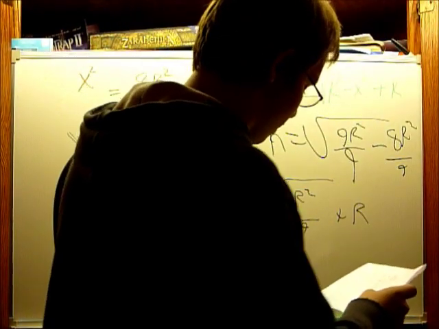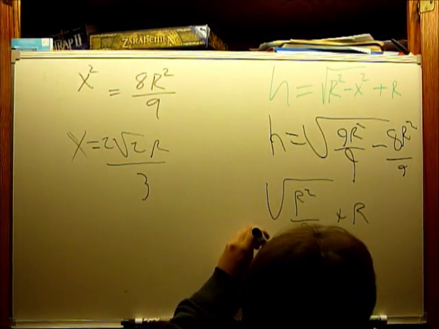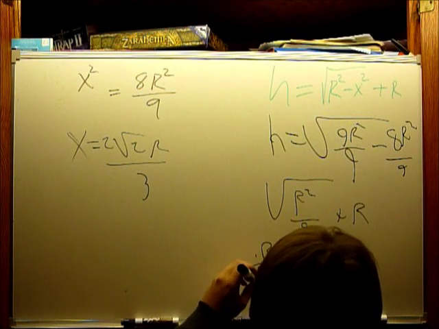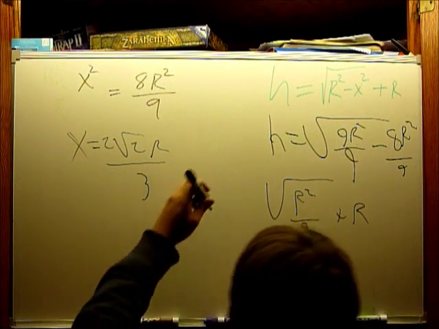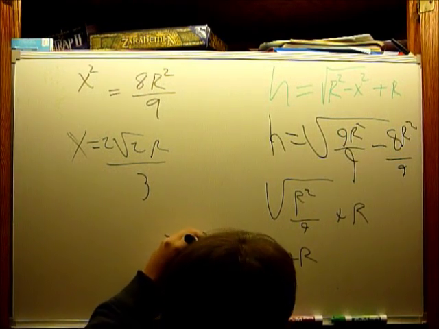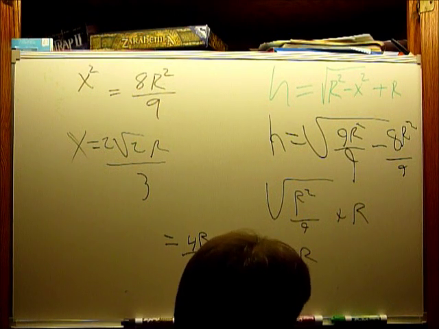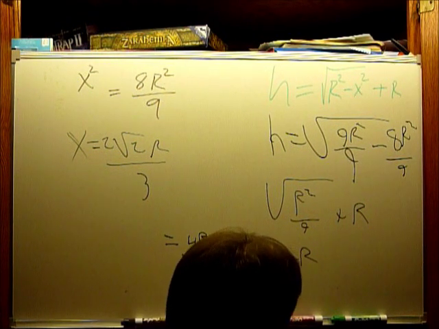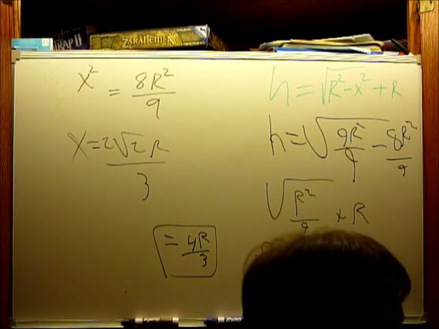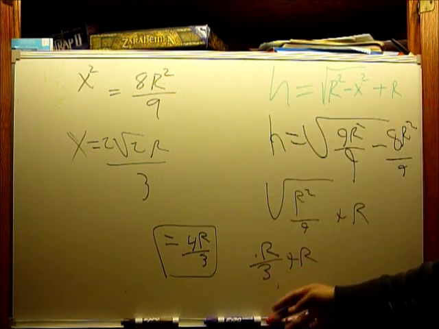And finally we get 4r over 3 for the height. And that's the cone's radius and height maximized.